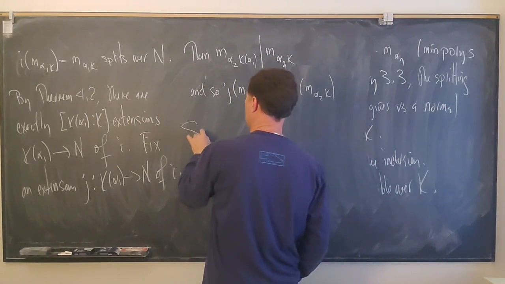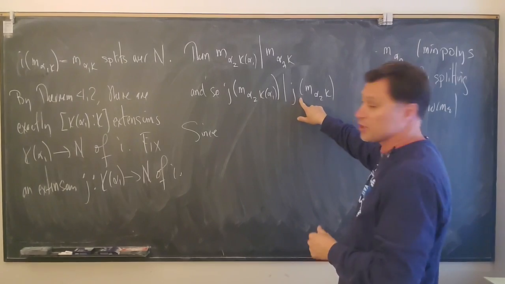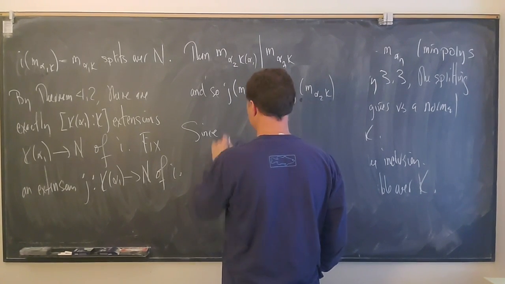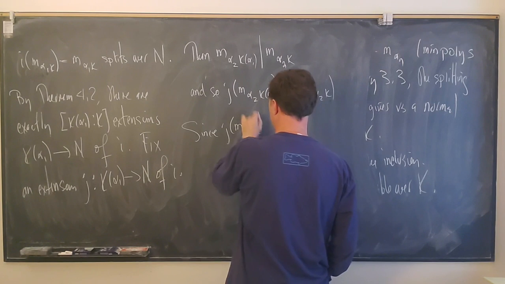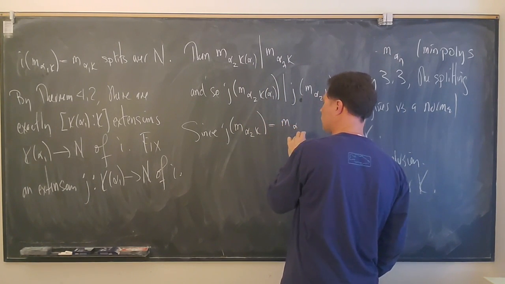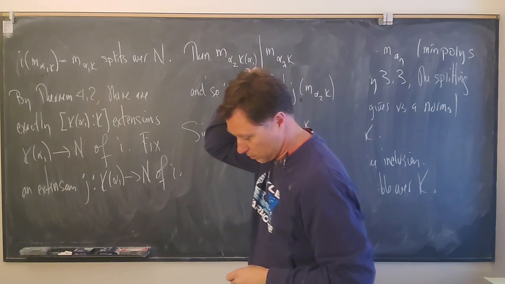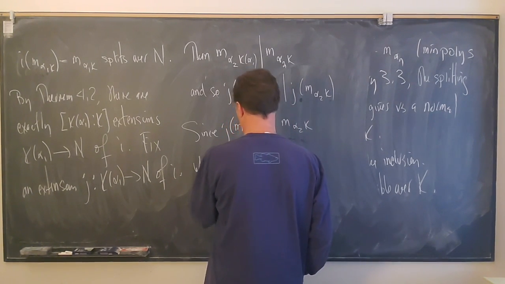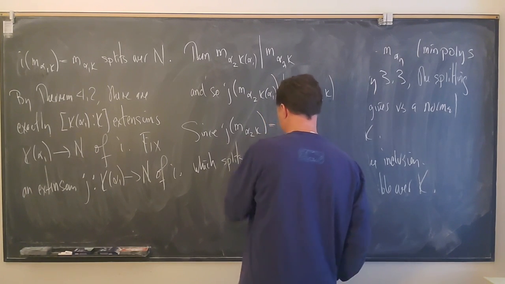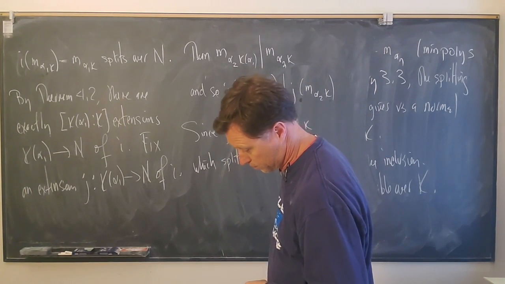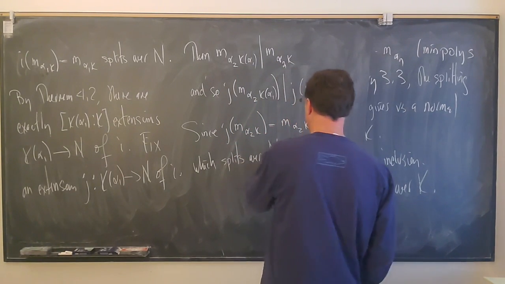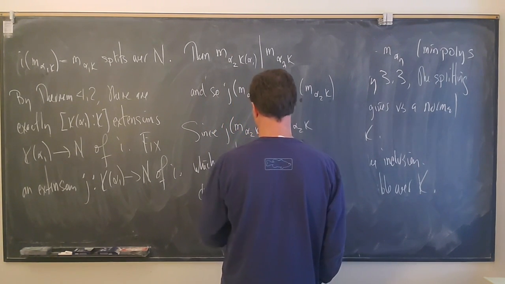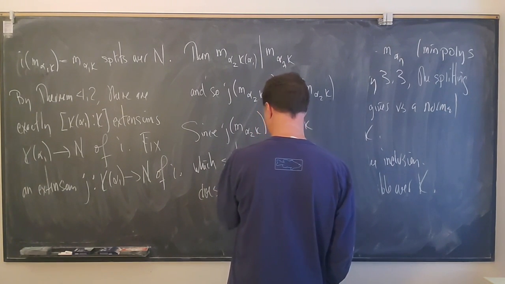Now think about this. Because j is an extension of I, j fixes K. And so j of m alpha 2 K is equal to m alpha 2 K, which we know splits over N, so does j of m alpha 2 K adjoin alpha 1.